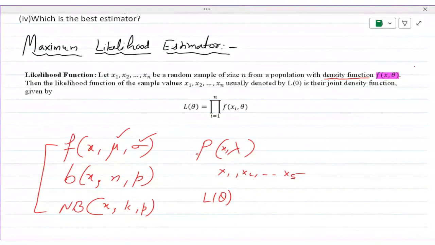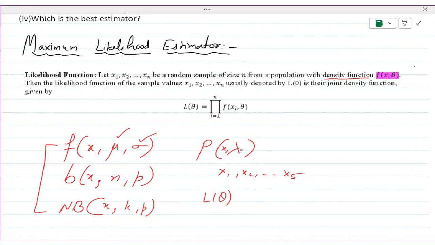In the normal distribution, the parameters are mean and standard deviation. In the binomial distribution, the parameters are number of trials and probability of success. In the negative binomial distribution, the parameters are k and p. In the Poisson distribution, only one parameter is there, lambda.